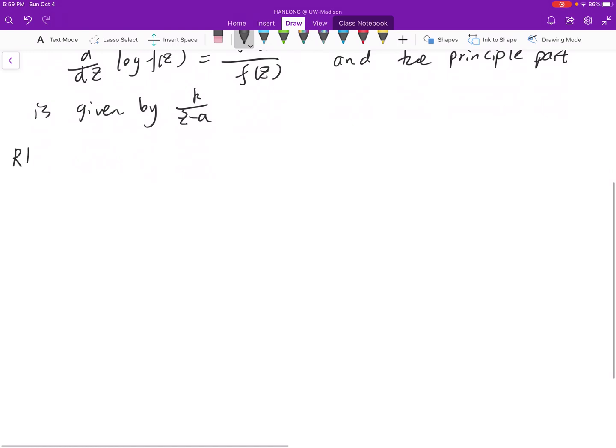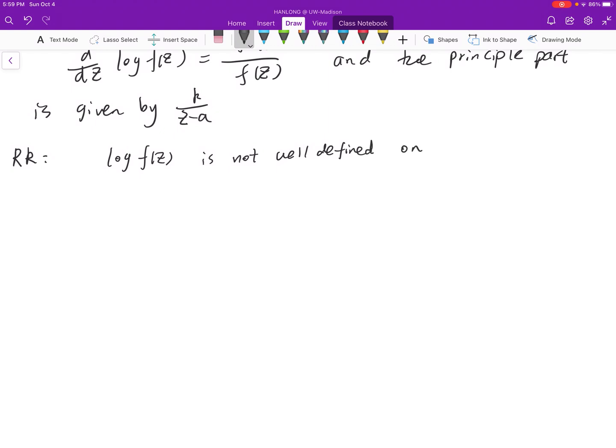Okay, so let's first do some remark. Notice that log f(z) is not well defined on the neighborhood near a zero of f.